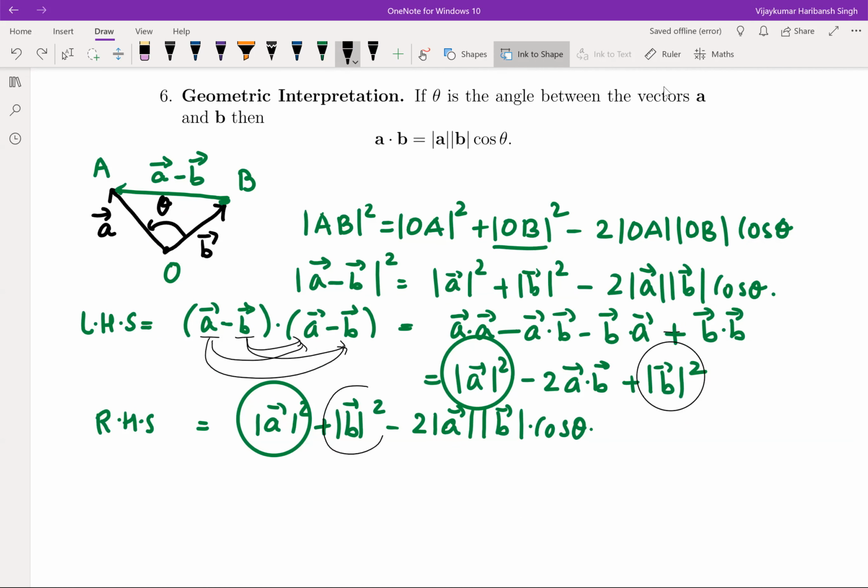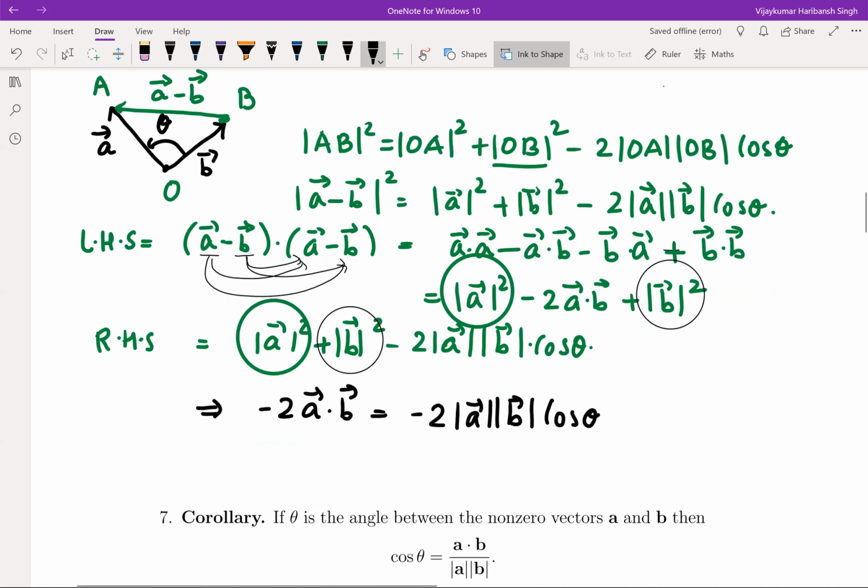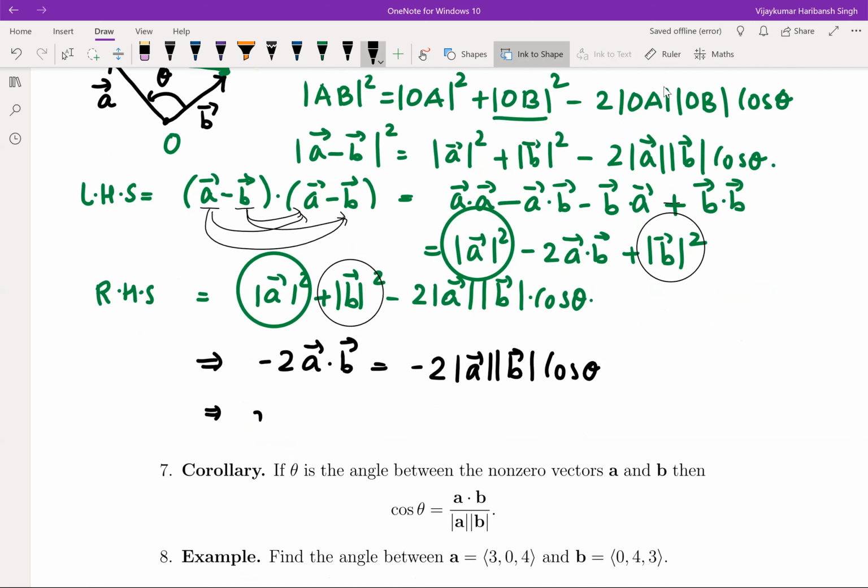So what do we get out of this? This implies minus 2 A dot B equals minus 2 length of A, length of B cos theta. Cancelling minus 2 from both sides gives us A dot B equals length of A, length of B cos theta, where theta is the angle between these two vectors.